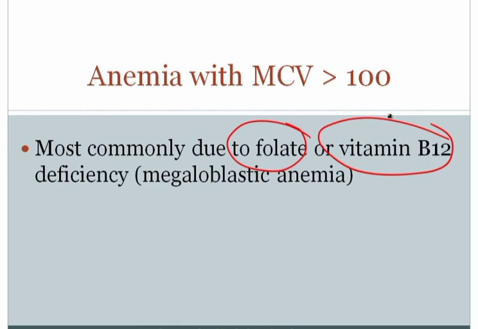Here we can take a step back and remind ourselves of a little bit of biochemistry. Remember that folate, when it comes into the body as tetrahydrofolate, is quickly methylated, and I'll just abbreviate this with an M here. Again, when folate comes into the body as tetrahydrofolate, it's quickly methylated.